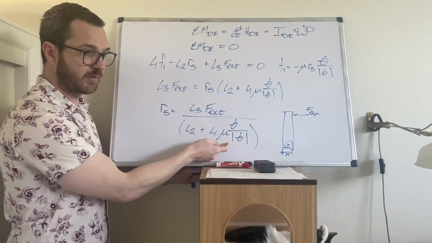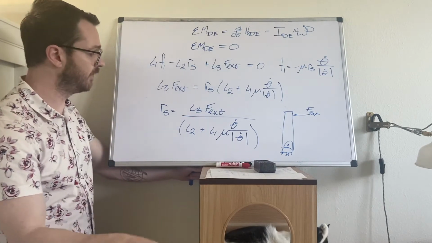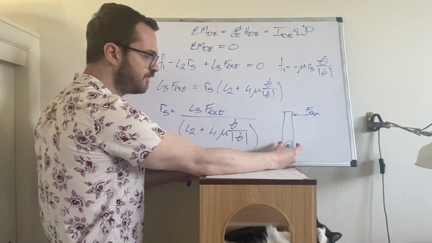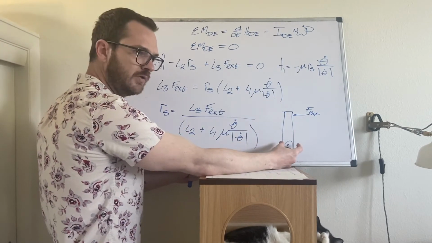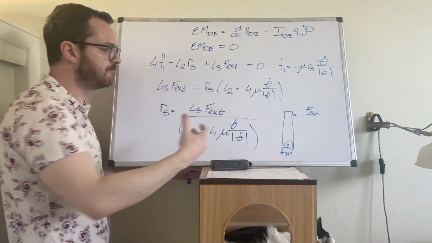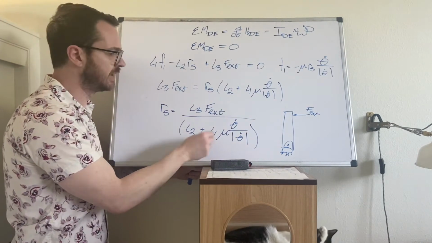Mu is just a number. It's a constant, 0.5, 1.1, something. And L1 is the width of the rod, so there's not a whole lot we can do about that. You're probably designing this handbrake, and you might have geometric constraints or something, so this just ends up being a number.